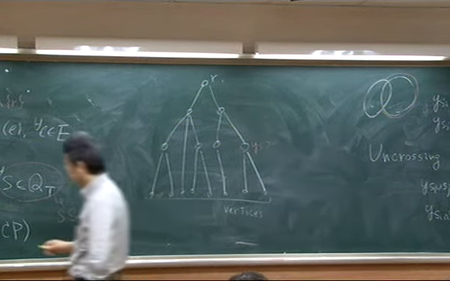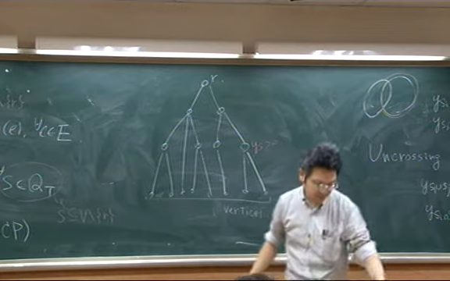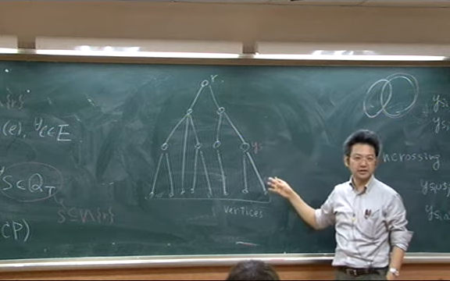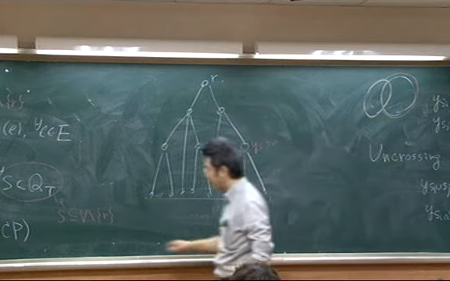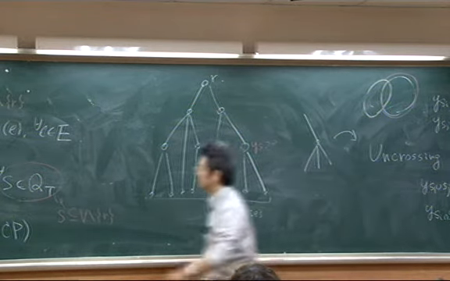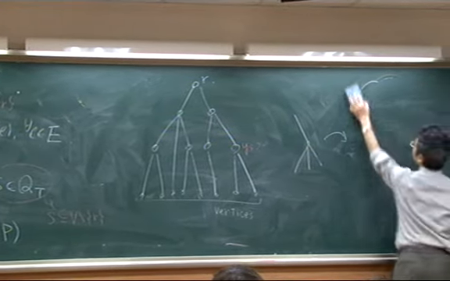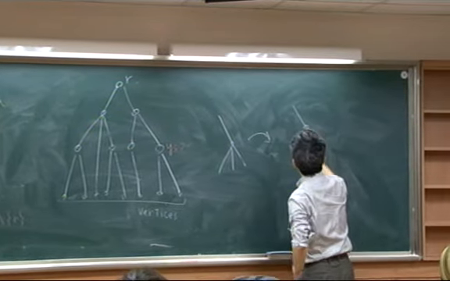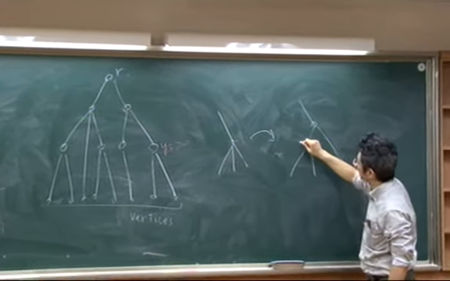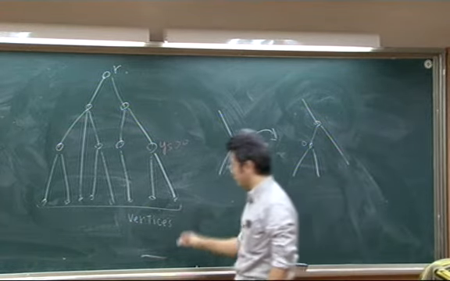Okay. Now, I want to claim the following. First, to solve this problem, we can assume that the tree is binary. If it is not binary, then we can simply transform it like this way, and keep the weight here to be here, but the weight here is to be 0. So that doesn't change the problem. So I assume the tree is binary.